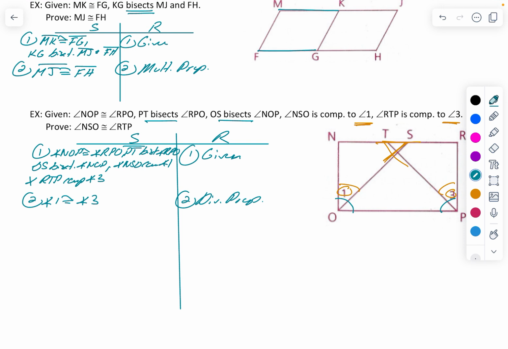They're bisected, so we know that the small angles are congruent. And now we can say angle NSO is congruent to angle RTP, and that is because complements of congruent angles are congruent from the last section.